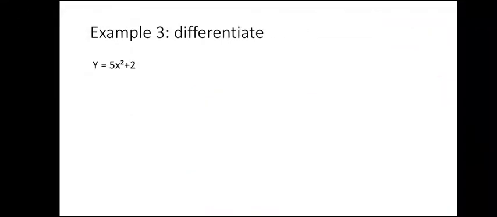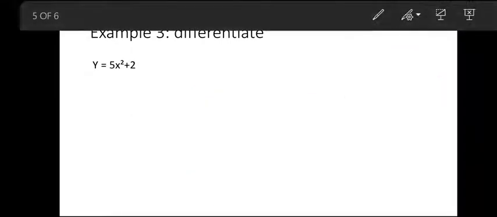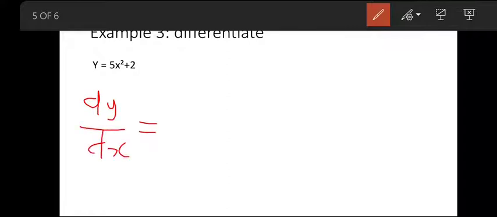So now let's continue. We have another question here which says we have to differentiate 5x squared plus 2. So we say dy over dx is equals to, so we multiply the 2 by 5 now by saying 2 times 5, x to the power 2 minus 1. Now this other one we have 2 and the 2 doesn't have x.